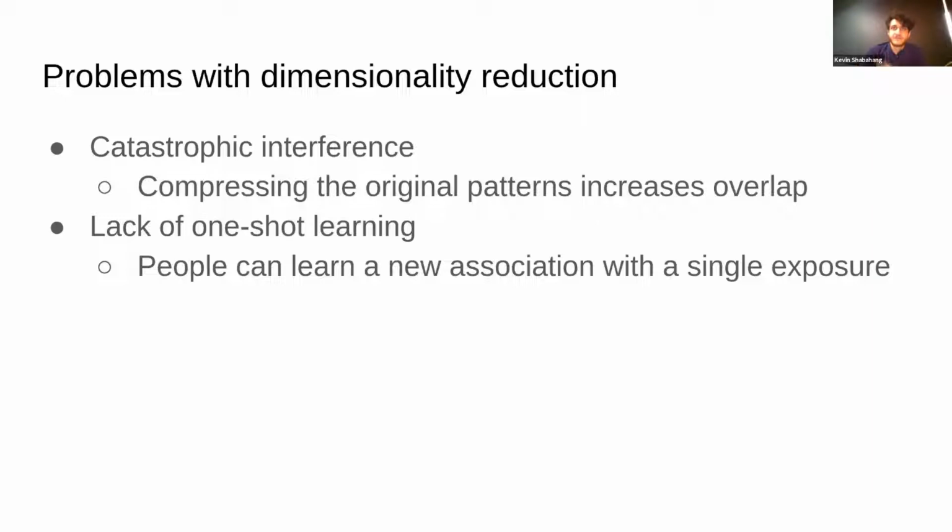Now, focusing mainly on Word2vec, one of the main issues with systems that use dimensionality reduction at encoding is that although compressing the original space magnifies the similarities and differences, it also leaves the system vulnerable to catastrophic interference.